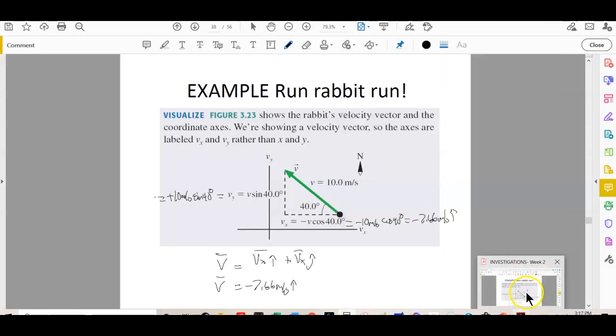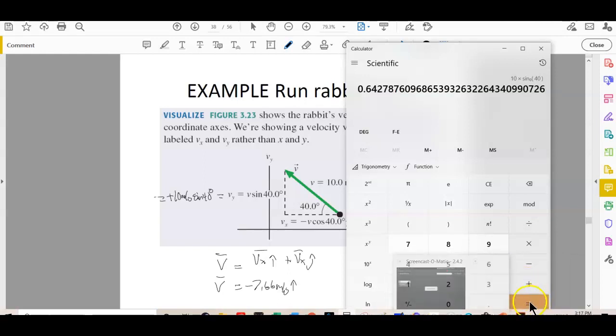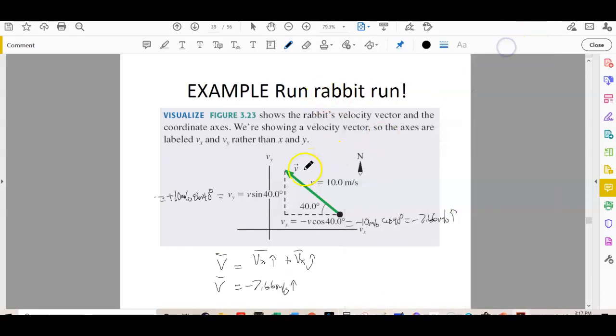So that'll be what, 6.42? Actually 6.43. So this is going to be positive 6.43 meters per second i hat. Actually, that's j hat. So this then will be positive 6.43 meters per second j hat.